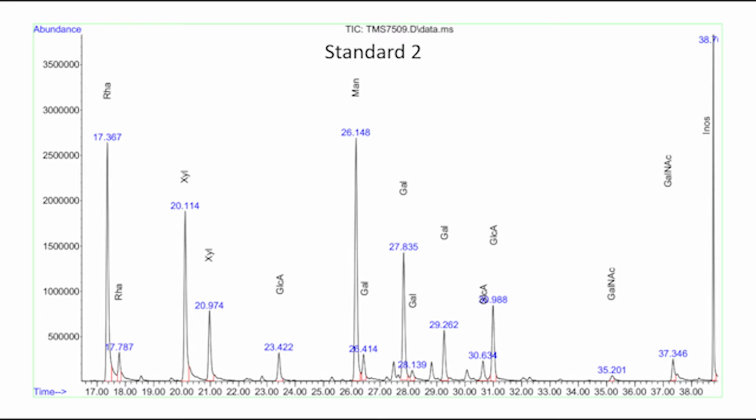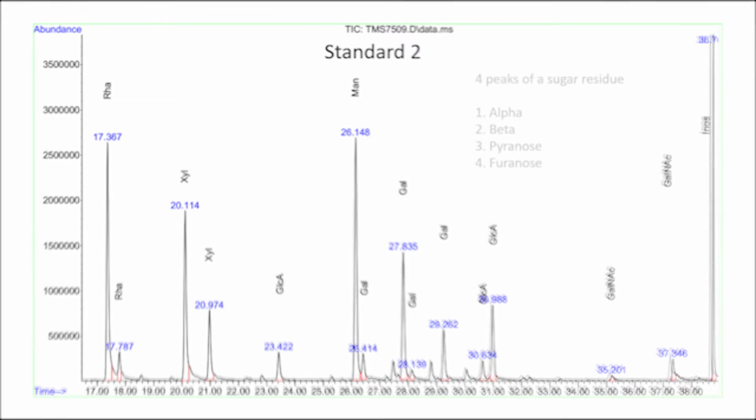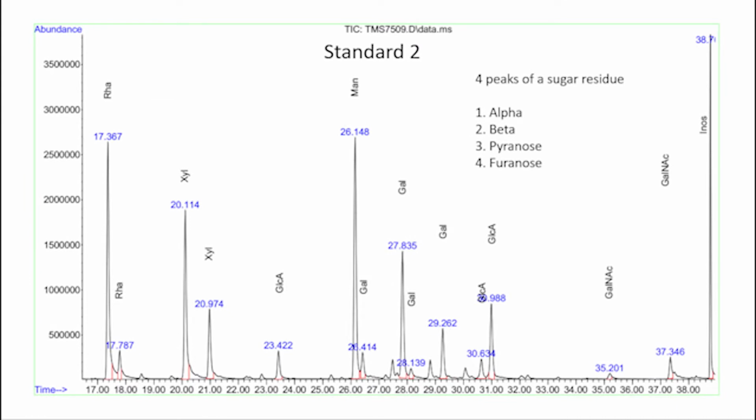Notice how in this standard 2, galactose has 4 peaks which we integrated and identified, while mannose only has 1. Each sugar residue can have up to 4 peaks to indicate the alpha, beta, and pyranose and furanose forms of each sugar.